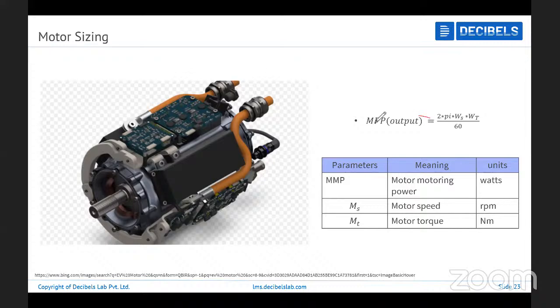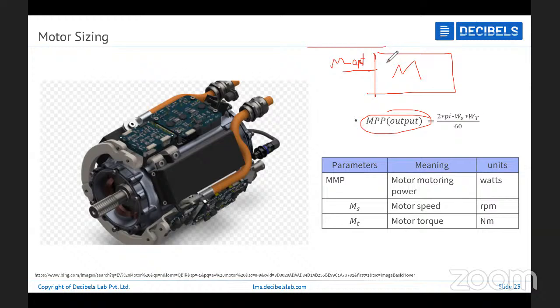With this you will be calculating motor output power. If this is your motor, this will be your motor output power. We are going in the reverse direction, so first we will estimate motor output power.